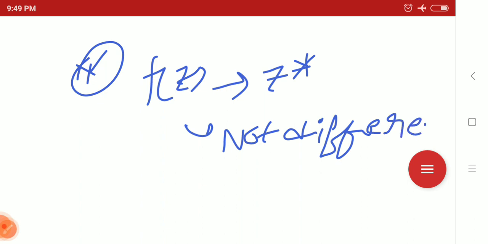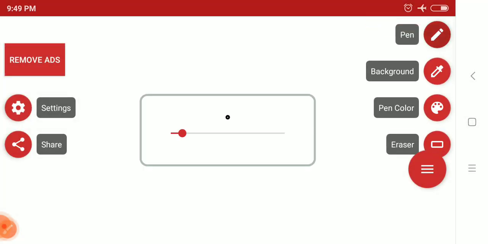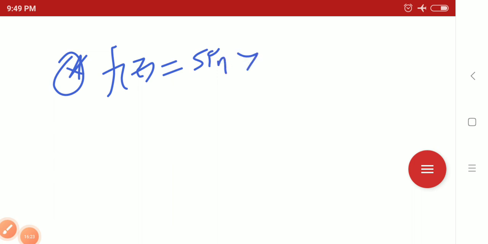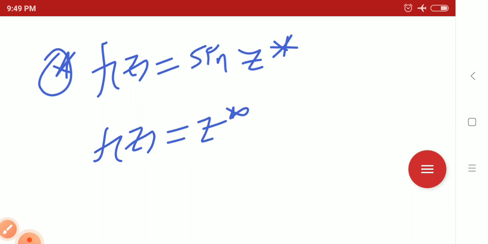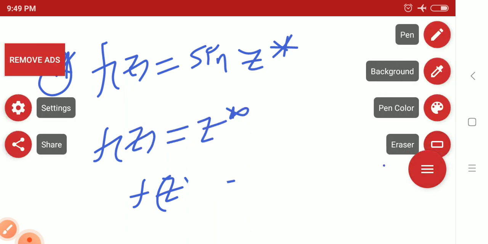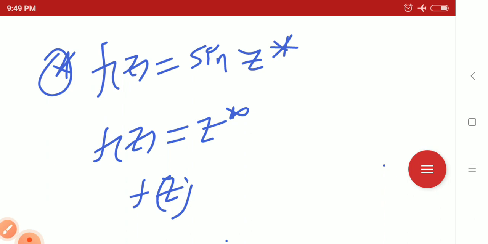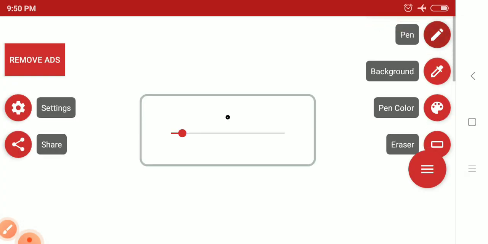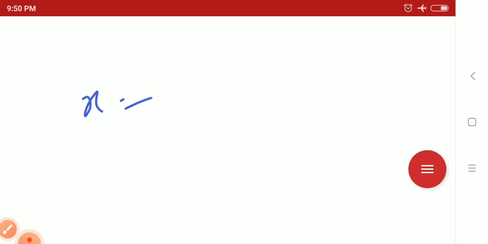The real part of z is also not differentiable, because it is half into (z plus z star).